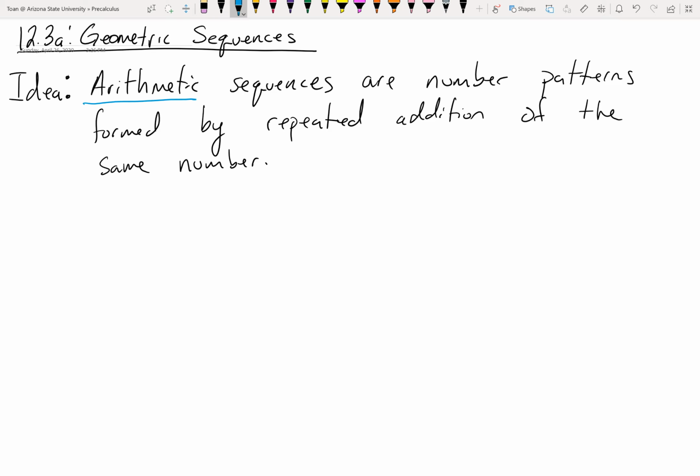So if your number pattern is constantly adding the same number over and over again, we call it arithmetic. Contrast that with geometric.